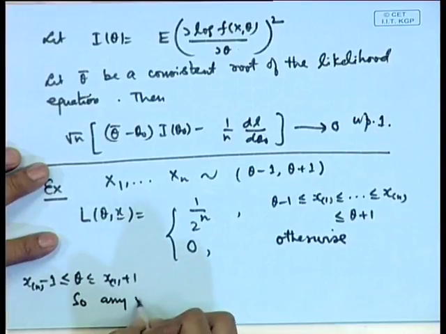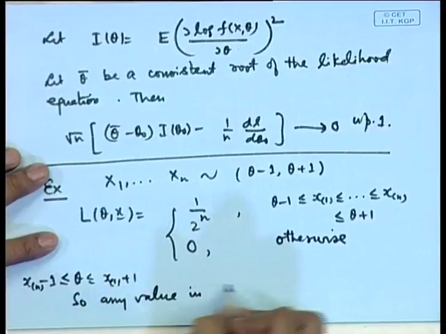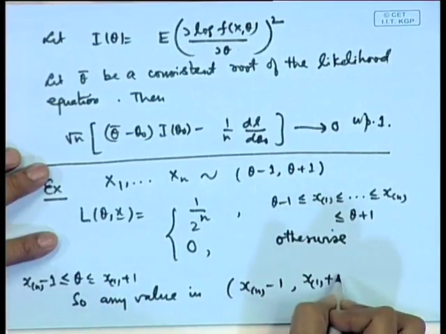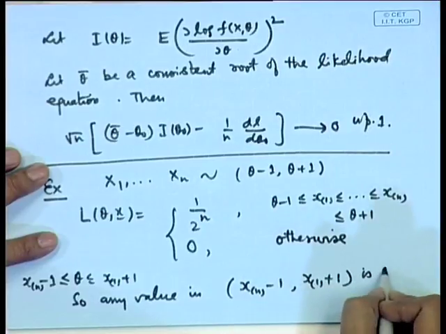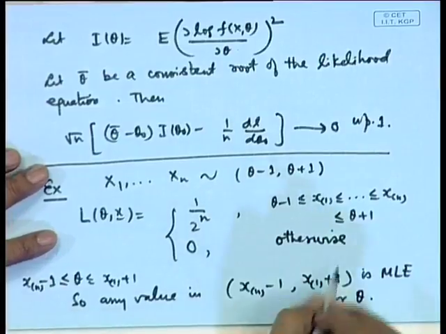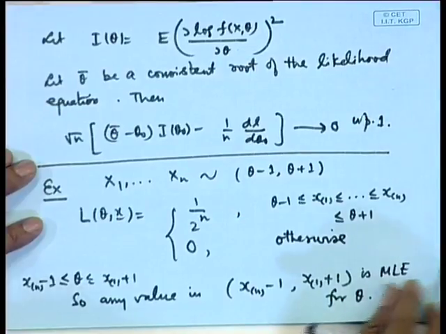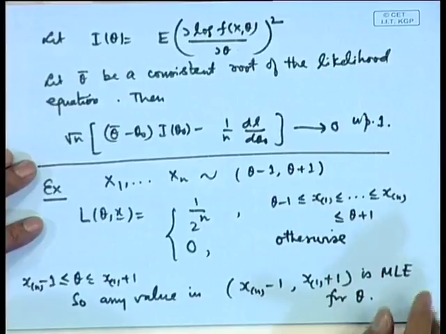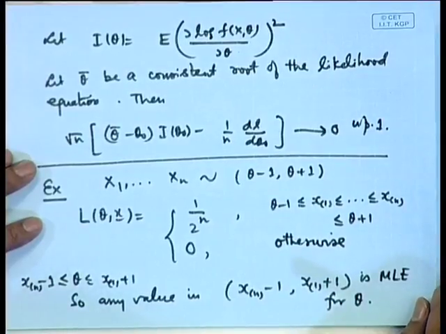So, any value in the interval x n minus 1 to x 1 plus 1 is maximum likelihood estimate for theta. So, we have a situation here where the maximum likelihood estimator is not unique. However, for convenience one may take the average of the endpoints, that is x 1 plus x n by 2 as the maximum likelihood estimator in this case.